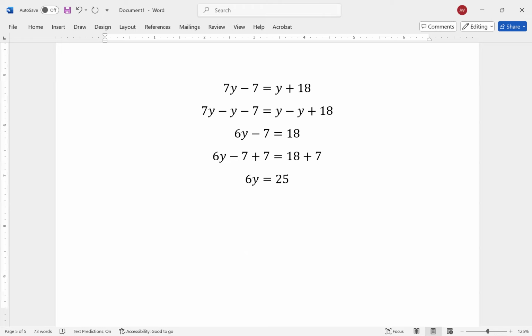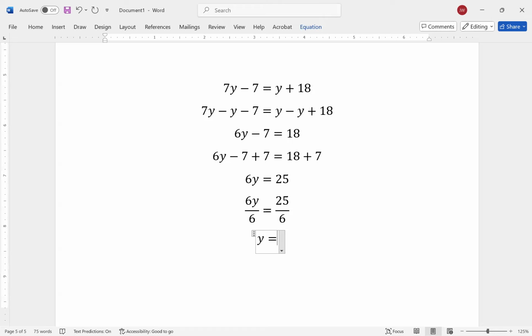And then I'd have to divide 25 by 6. Now, again, 6y over 6 is equal to 25 over 6. Depending on how people want the answer to be written, they might ask for a decimal, which would be about 4.17. It's 4.16 repeating. Or they might ask for a mixed number, which would be 4 and 1/6.